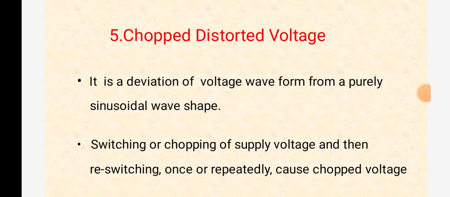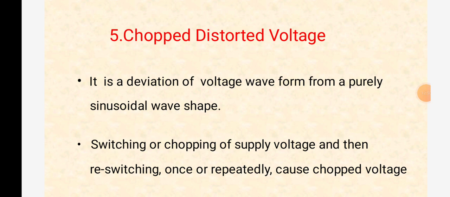Next is the chopped distorted voltage. It is a deviation of the voltage waveform from the pure sinusoidal waveform. These are mainly caused due to usage of high frequency AC voltage choppers, sometimes due to electric arc furnaces and welding transformers.